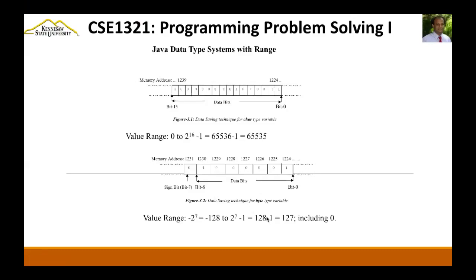Then a byte type variable will take 1 byte of memory space, and this space will be named X. So 1 byte has 8 bits, right? For byte type, the leftmost bit will be reserved for saving the sign bit.